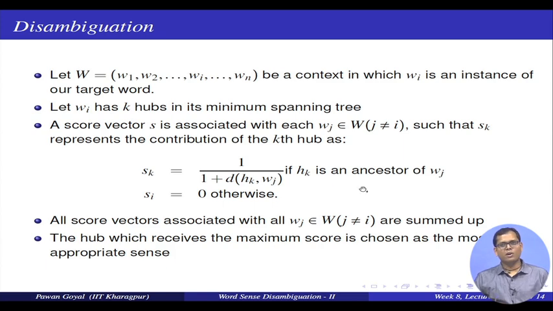You do that for all the words in my context and sum those over. So, you find a simple vector that tells me which sense has how much score, which hub has how much score, and whichever hub has the highest score, I will choose that.